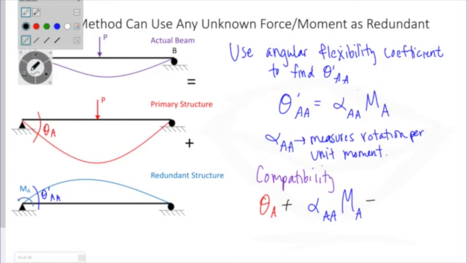And that has to be equal to 0 because I want a fixed end.